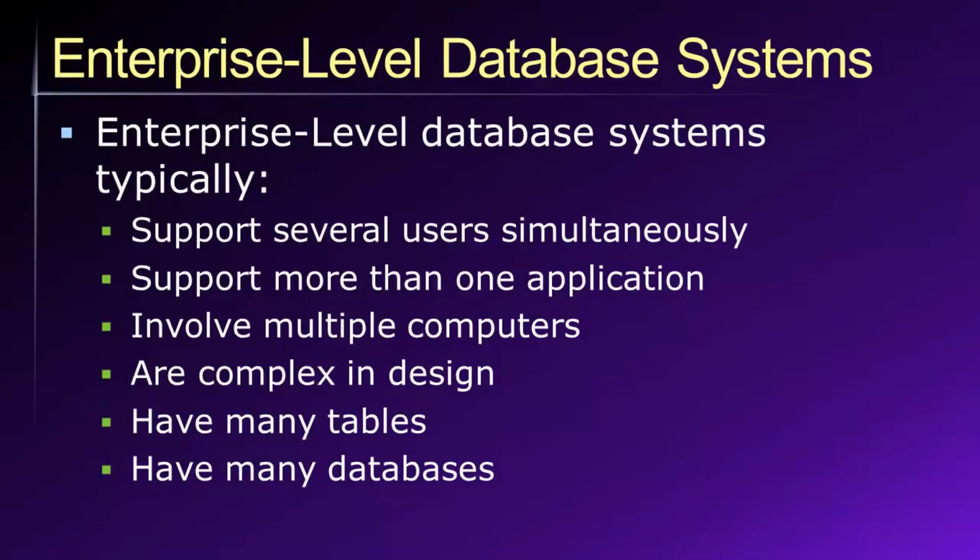And enterprise-level database management systems support more than one database. So within the same database management system, we might, for example, have our operational database, which allows us to run our business and keep track of transactions in real time. And we might also create a data warehouse or data marts, and they can all be managed by the same enterprise-level database management system.